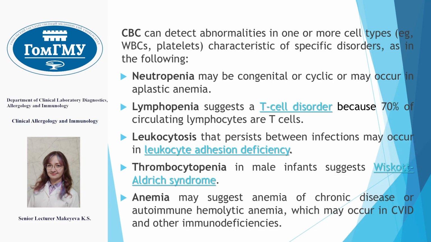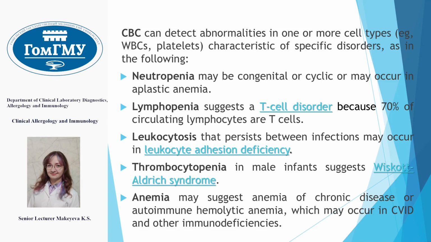Complete blood count can detect abnormalities in one or more cell types characteristic of specific disorders, as in the following. Neutropenia may be congenital or cyclic or may occur in aplastic anemia. Lymphopenia suggests a T-cell disorder because 70% of circulating lymphocytes are T cells.